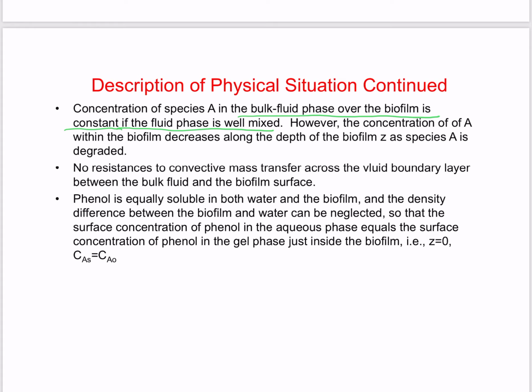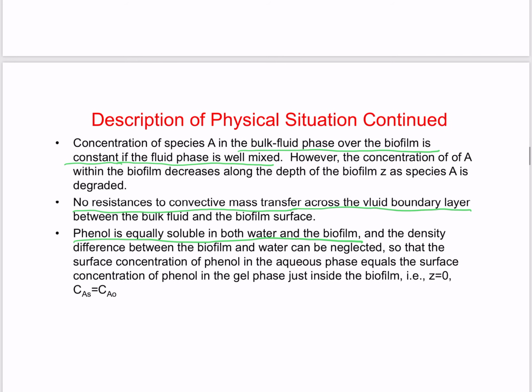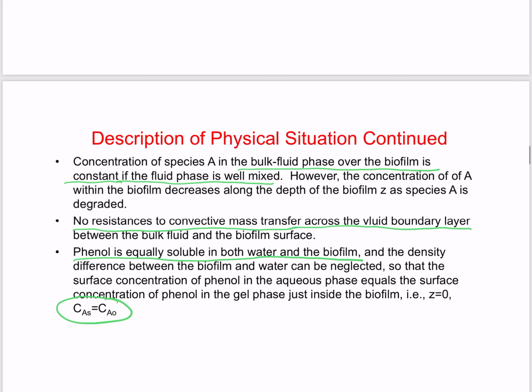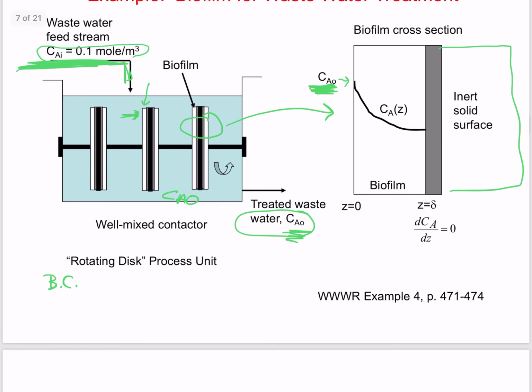There's no resistance to convective mass transfer across the fluid boundary layer. And it's equally soluble in both. So what she's saying here is that the concentration at the surface is the same as the concentration in the water. And that's where we're going to get our first boundary condition: at Z equals 0, the concentration is equal to Ca0.